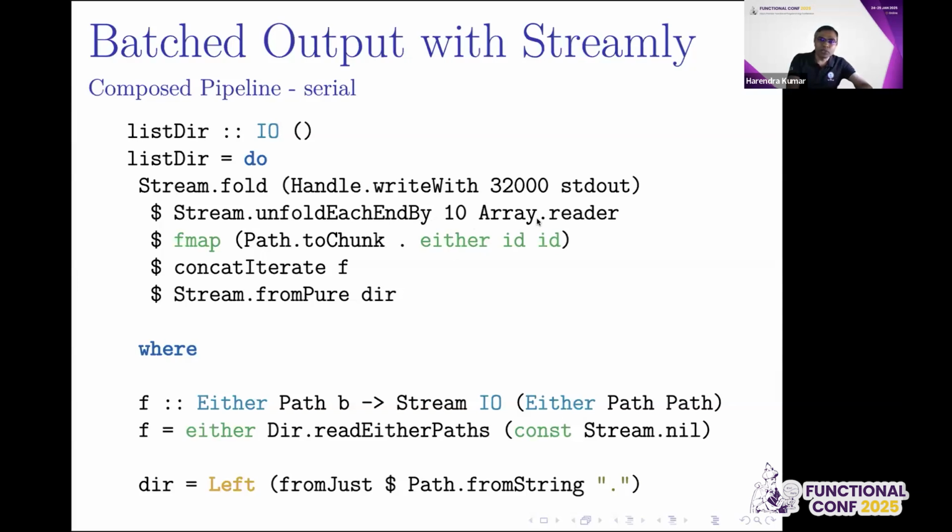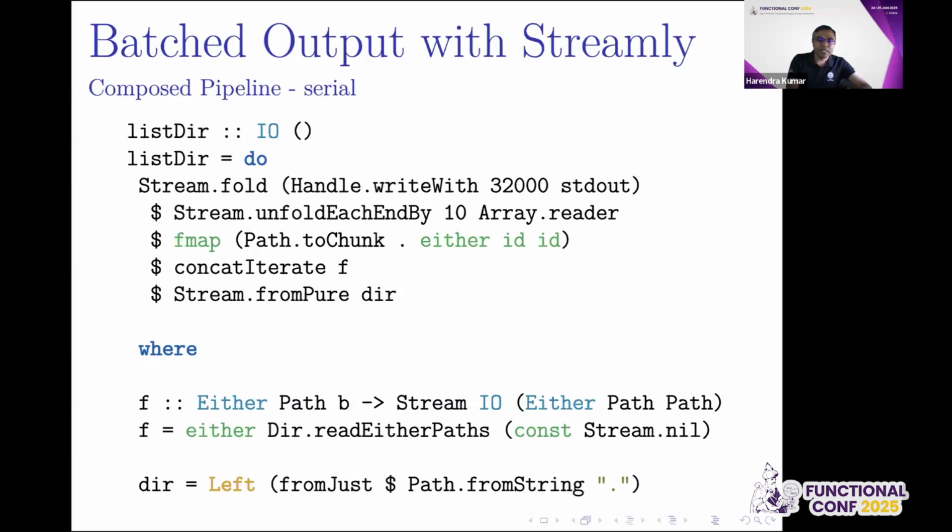So we are unfolding each path using array reader, reading the arrays and ending them by a new line, and then combining them into a buffer with 32K size. So all the paths are now batched into a 32K size buffer, and then we are giving it to the standard output handle. Now let's see how this particular program performs.